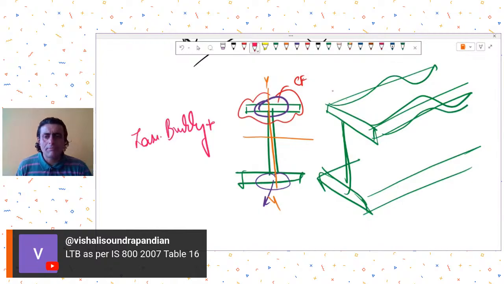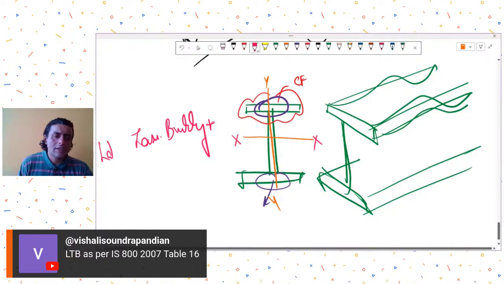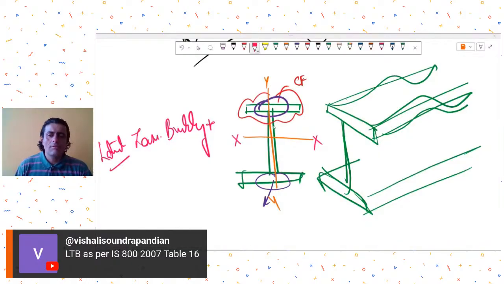And because it is happening about the axis perpendicular to the axis of bending, so bending is, let's say, happening about the x-x axis, but the buckling is happening about the y-y axis, which is lateral to the x-x axis. So therefore we call it lateral. So the term evolves as lateral torsional buckling.